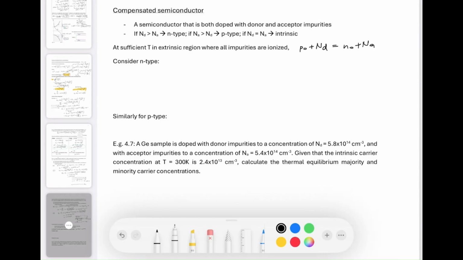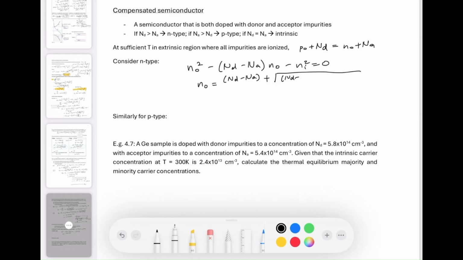For this example, I'm just going to consider an N-type first. Again, we have a quadratic equation in terms of N0. The solution for this quadratic equation is very straightforward. It's just this.